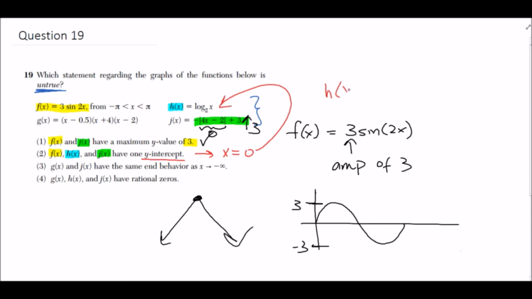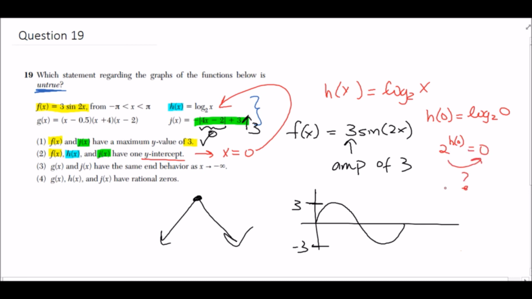So if I put a 0 into the x to try to get the y-intercept, I'm going to get the log base 2 of 0, and we should remember that you can't take the log of 0, because this is essentially saying that 2 to the h of 0 is 0, and there's nothing that I can raise the 2 to to get 0.